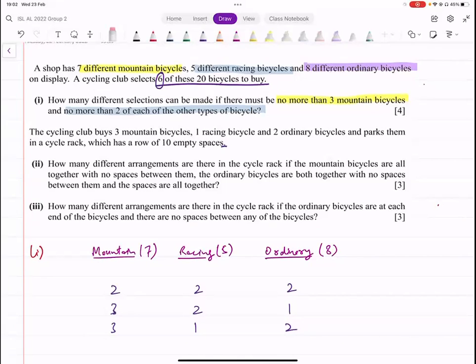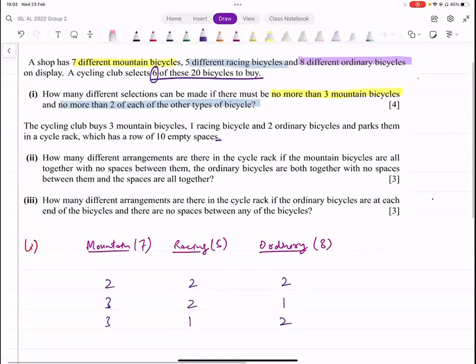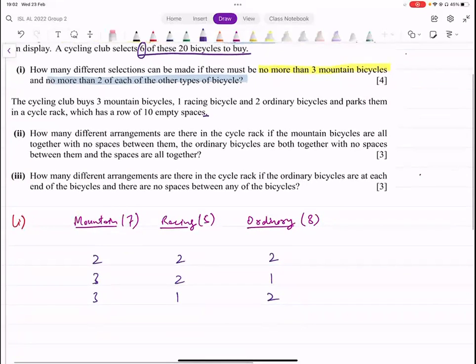What we will do is find the number of ways, the different number of selections, for each of these three cases separately. For the first case, out of 7 mountain bicycles, you've got to select 2. So we say 7C2, and out of the 5 racing bicycles, we have to select 2, that's 5C2.